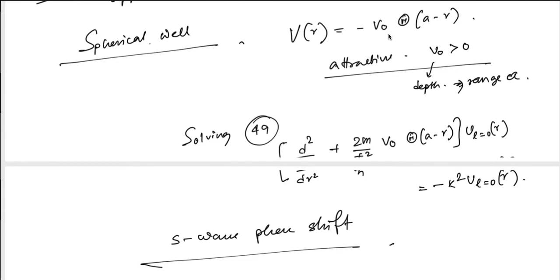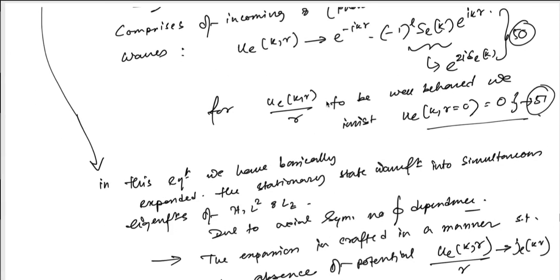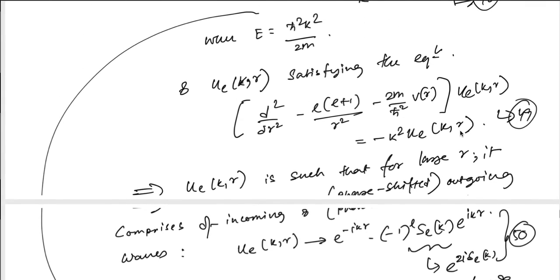It's a spherical well with a spherical boundary, and it's an attractive potential. V0 is greater than 0, the potential depth is V0 and the range is a, the radius is a. So plug this into equation 49.